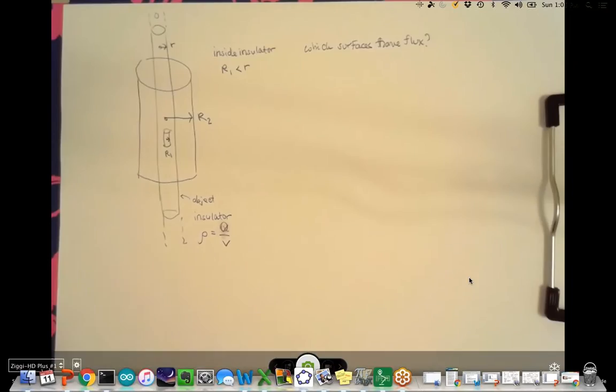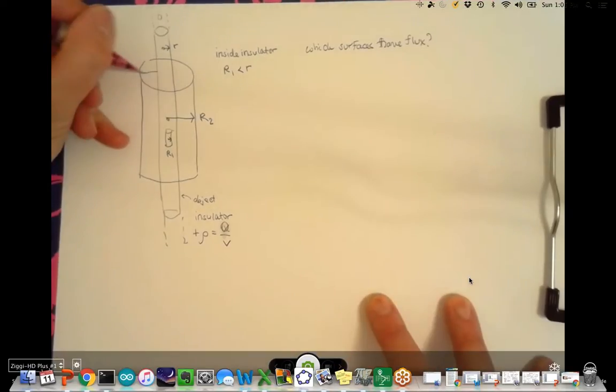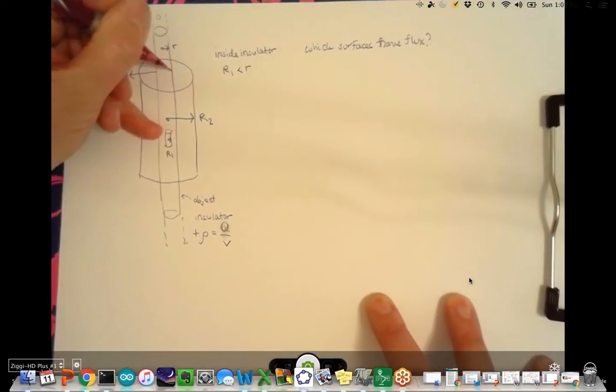Let's say it has a positive charge. Where does the electric field due to a positive charge point? It can point towards the object or away from the object. Away. Awesome.